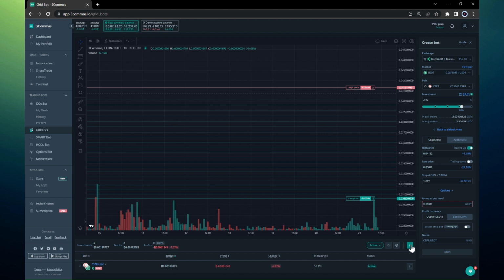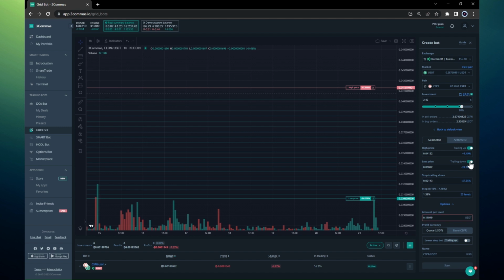Again, if I try to create a new one right now, you can see that if I have geometric selected, I can choose how I want to take my profit in the quote or base currency. If I use the quote currency, I can use the trailing up and trailing down, either or both of them.